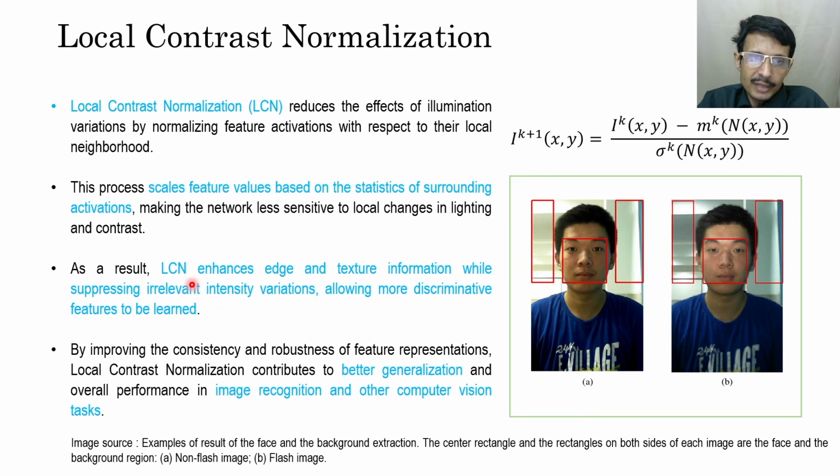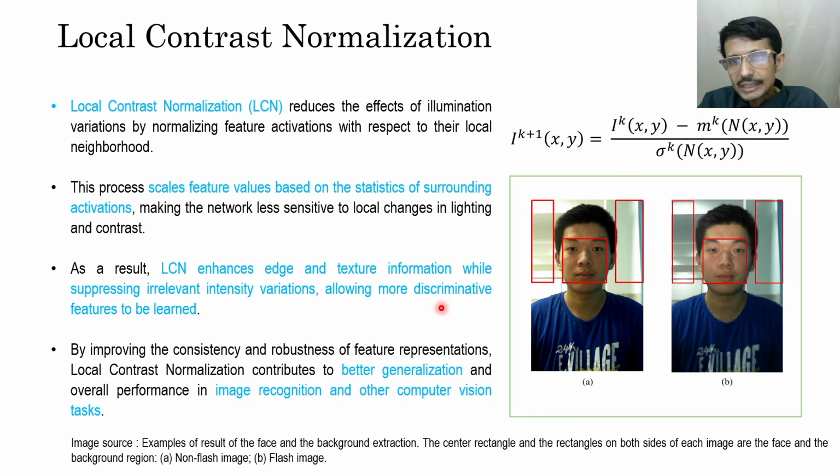As a result, this local contrast normalization enhances the edge and texture information while suppressing the irrelevant intensity variation, allowing more discriminative features to be learned. By improving the consistency and robustness of the feature representation, LCN contributes to better generalization and overall performance in image recognition.